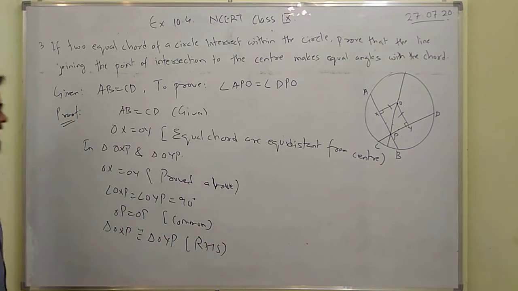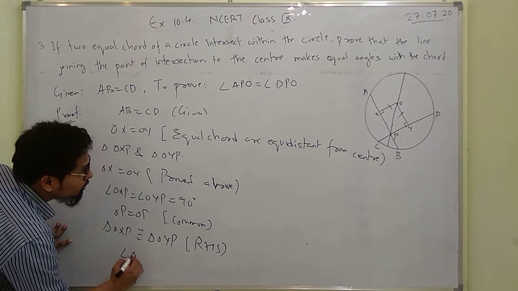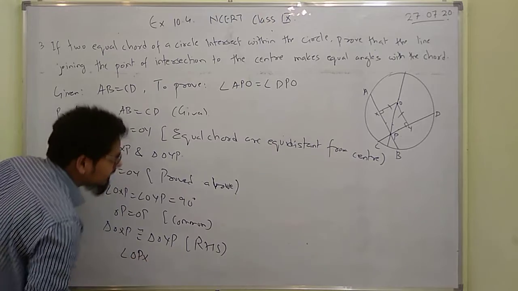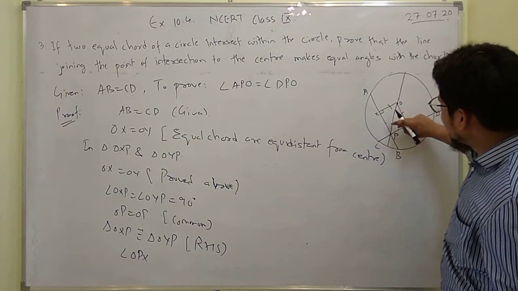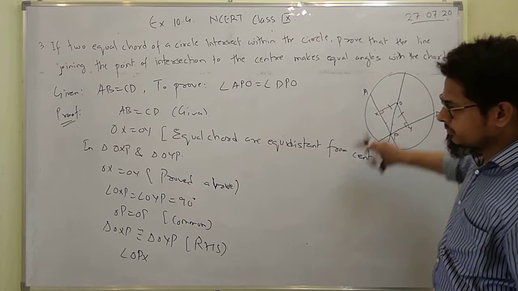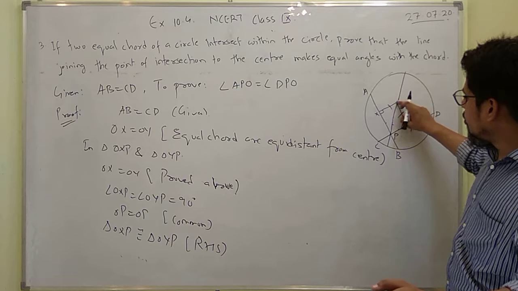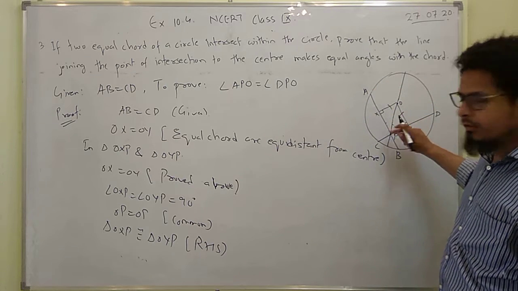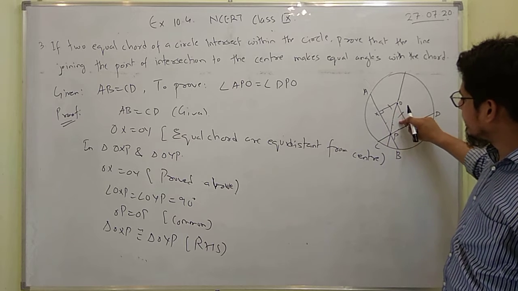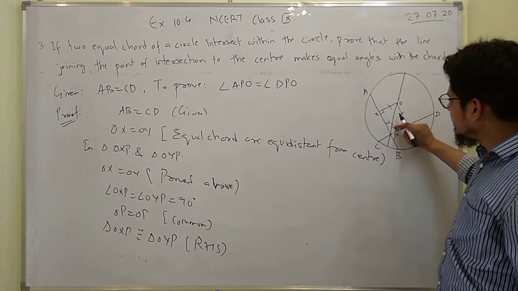Clear? And now we can say angle OPX. Class, you see one thing. If we say this angle is OPX, and if you say APO, both are the same thing, right? So after this proving, we can say that this angle is equal to this one by CPCT, right?